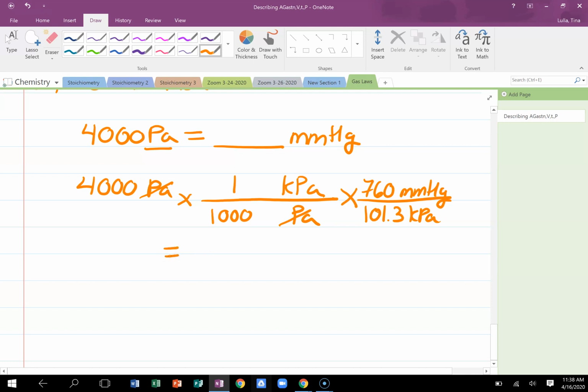Cool, just throw this in. So I'm doing 4,000 divided by 1,000 times 760, and I get 30,400 mmHg. Oops, I didn't actually finish this problem. That is not the correct answer. Let me type it in right on my calculator. 4,000 times 1 divided by 1,000 times 760 divided by 101.3.